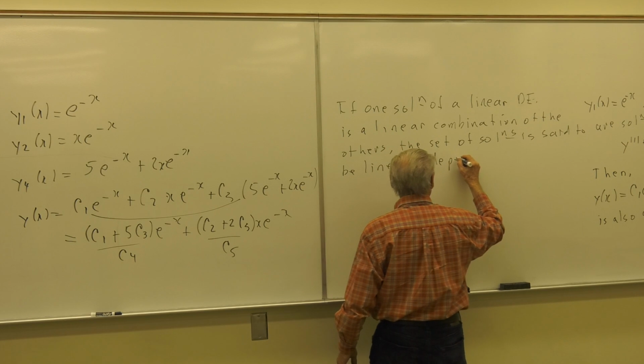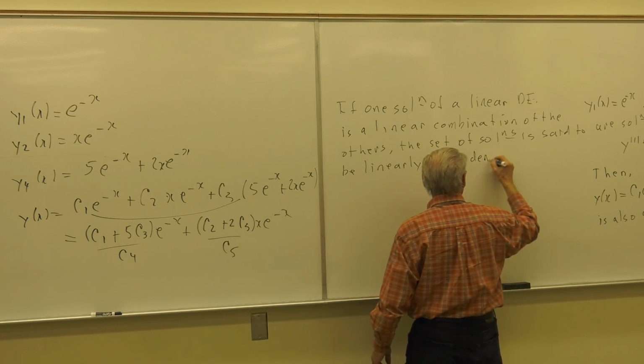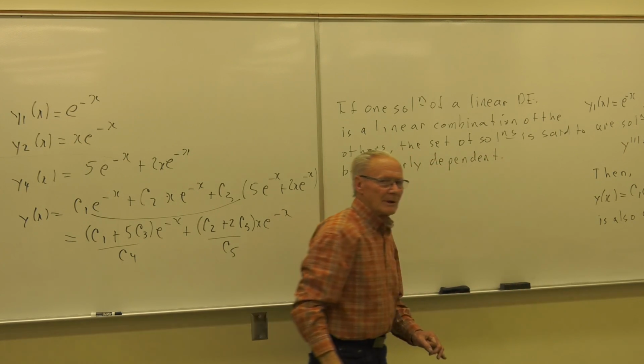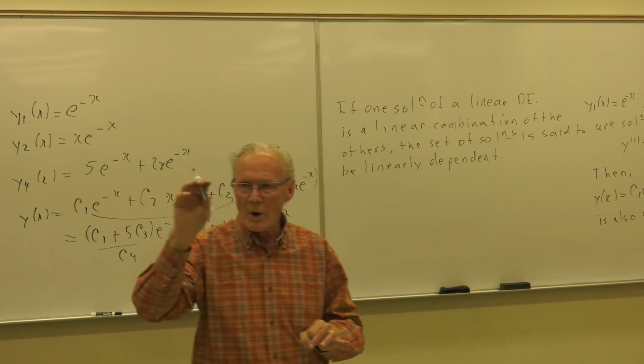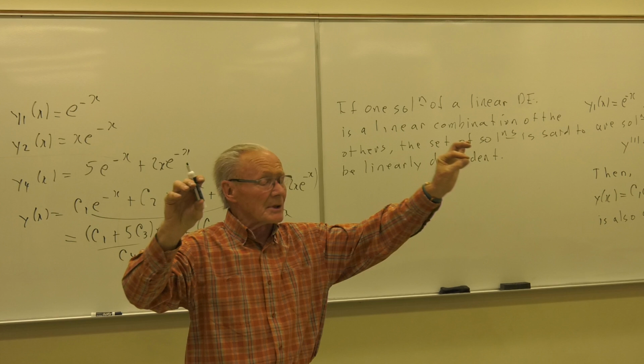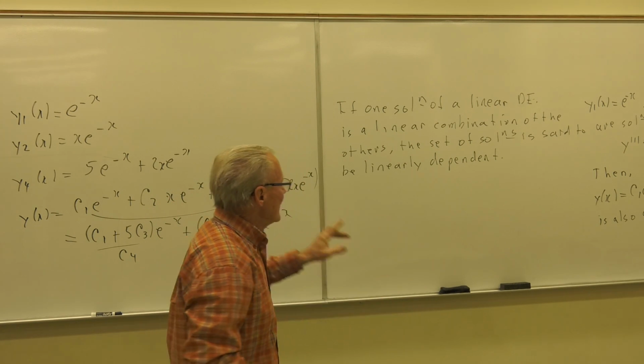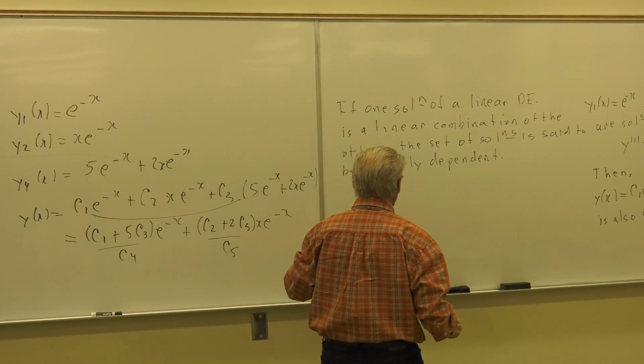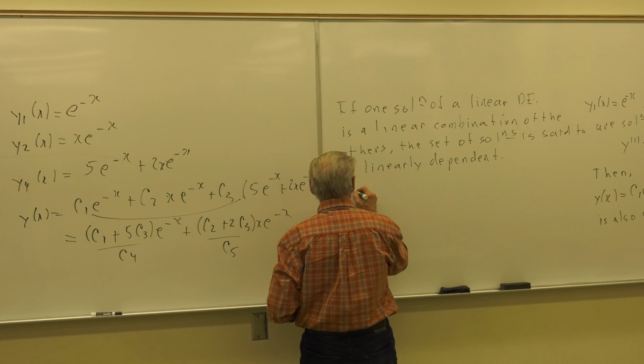If any one of them can be written as a combination of the others, that means one of them can be written as a constant times that, plus a constant times another one, plus a constant times another one. If you can do that, then the solutions are said to be linearly dependent.